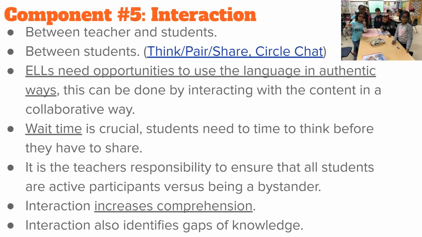Everybody gets a chance to do that. Okay? And the more interaction students have, the more they have to practice negotiating meaning. And we know that language learning comes from negotiating meaning, being able to come to a common understanding and using language that works for both parties.